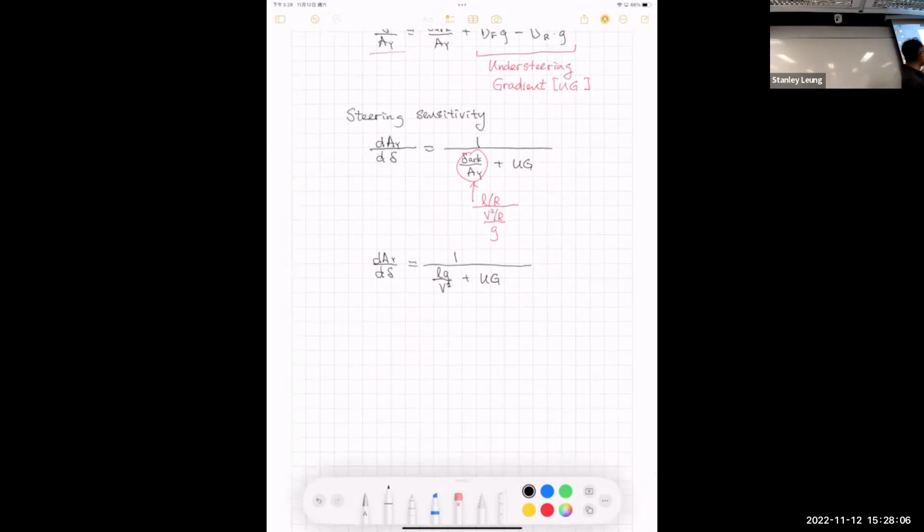This function is somewhat important for our steering design consideration. How's that?